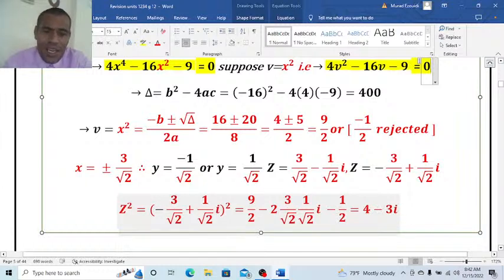You can see 3 squared is 9, root 2 all squared is 2, then -2 times this one multiplied by that. Root 2 multiplied by root 2 is 2, and up is 2, 2 divided by 2 is 1, it remains only 3 multiplied by 1, which is 3. Then 9 minus 1 is 8, divided by 2 is 4. Therefore I really found the two complex numbers when z squared is equal to 4 minus 3i.